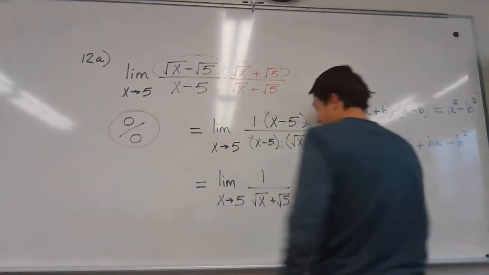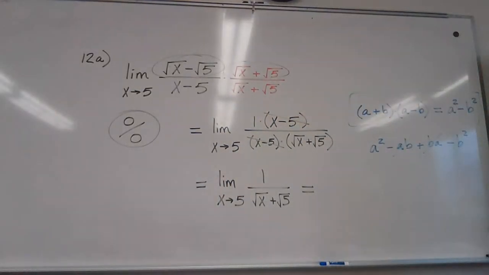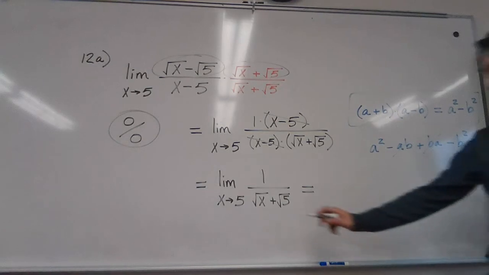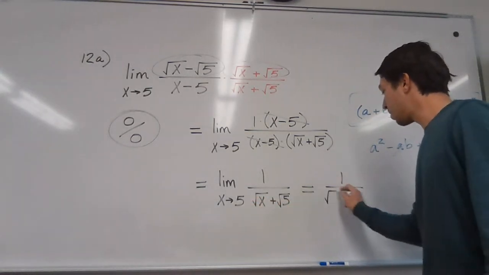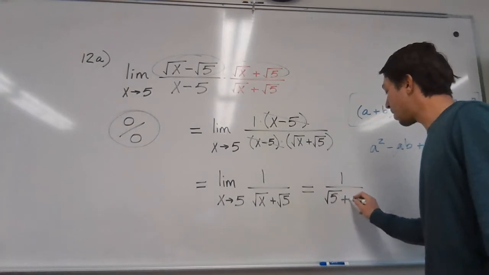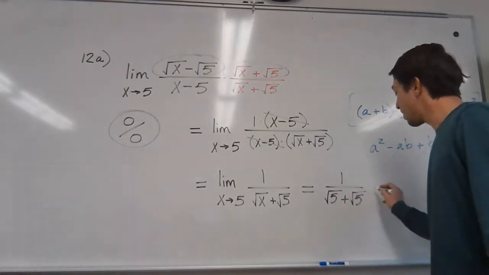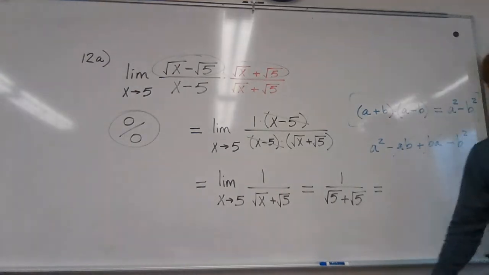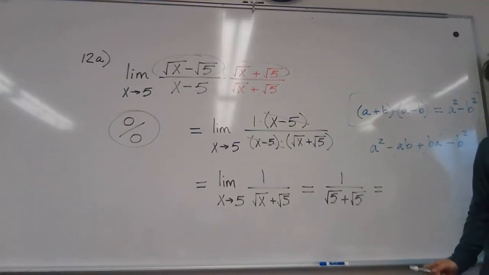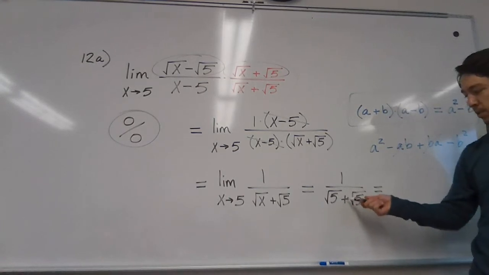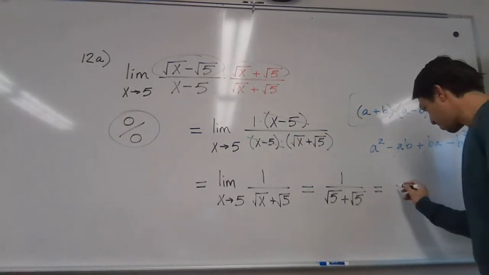All right, what do I do next? Am I done? No. Not almost done, but gotta plug in 5. 1 over root 5 plus root 5. I can invoke the famous banana theorem here. 1 banana plus 1 banana make 2 bananas.